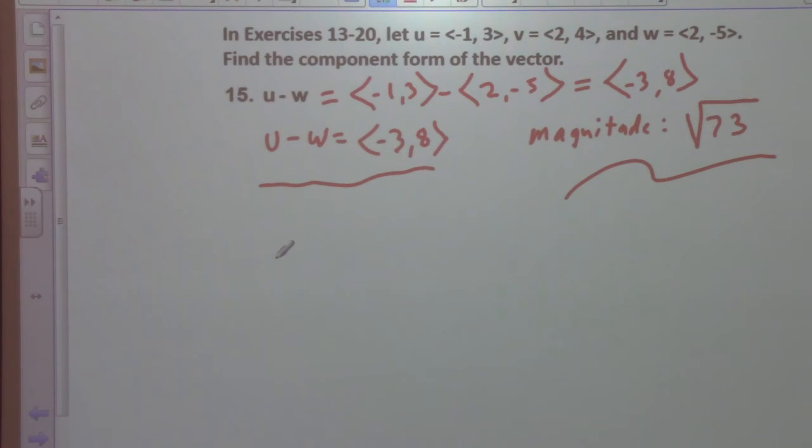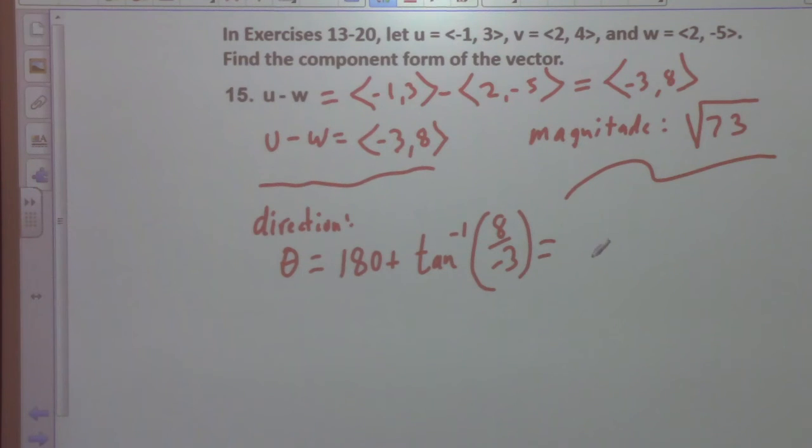Okay, what about our direction? Which quadrant are we in here? Second quadrant. So theta is going to be 180 plus that, right? 110.556 degrees.